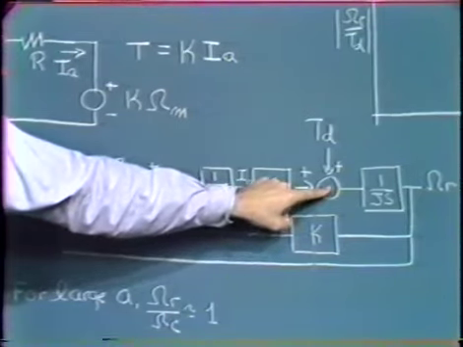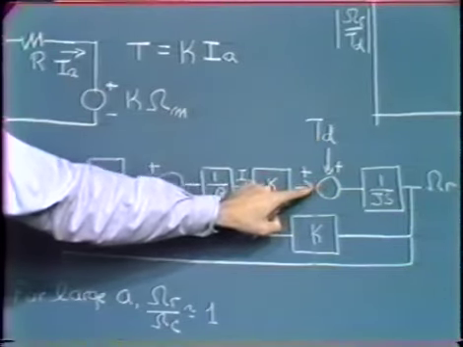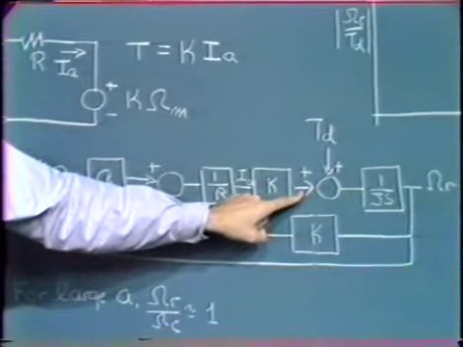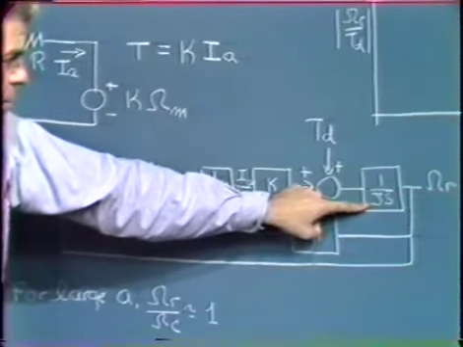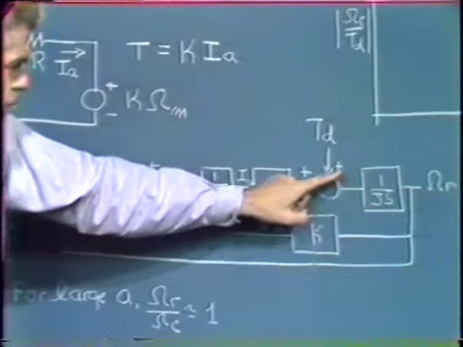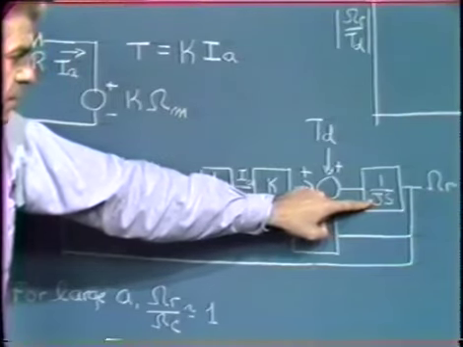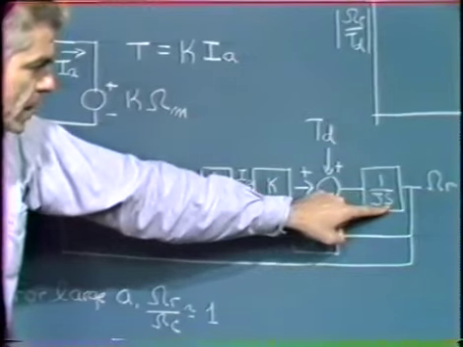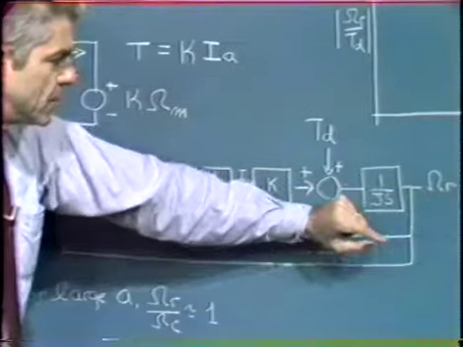We add to that the disturbance torque that's applied externally to the system, and the sum of these two is the net torque applied to the inertia associated with both the motor armature and additional rotating inertia in the system, the inertia J as we defined it earlier. If we divide that net torque by J, we get acceleration of the motor and load combination. If we then integrate, multiply by 1 over S, we get the velocity of the motor load combination.